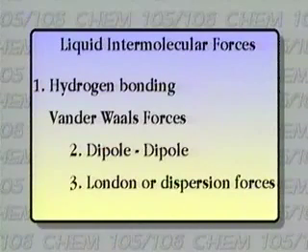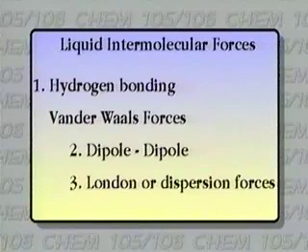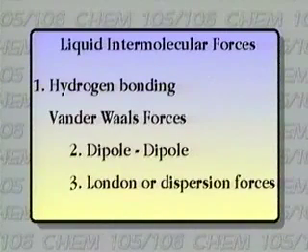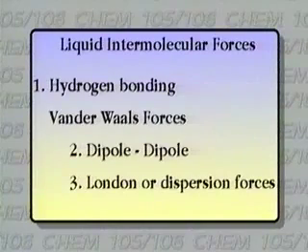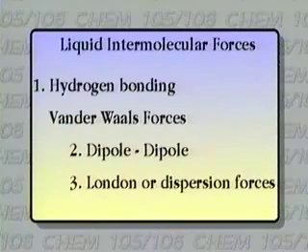Now, the physical properties of liquids, such things as vapor pressure, boiling point, viscosity, surface tension, these are things we'll be looking at as we go on. But all of these physical properties depend upon the strength, the magnitude, of these intermolecular forces.